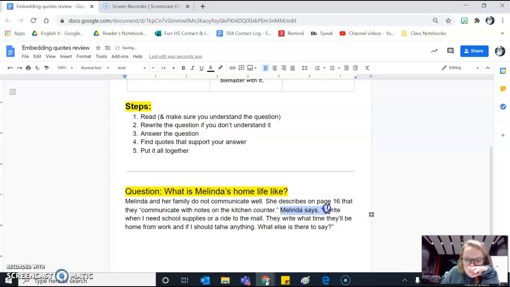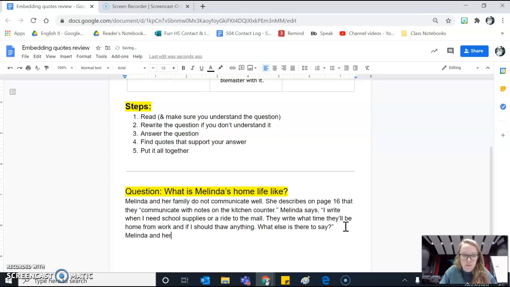So I took a direct quote and now I'm going to talk about it. So Melinda says, comma, because it does not blend in, I write when I need school supplies or a ride to the mall. They write what time they'll be home from work or if I should thaw anything. What else is there to say?